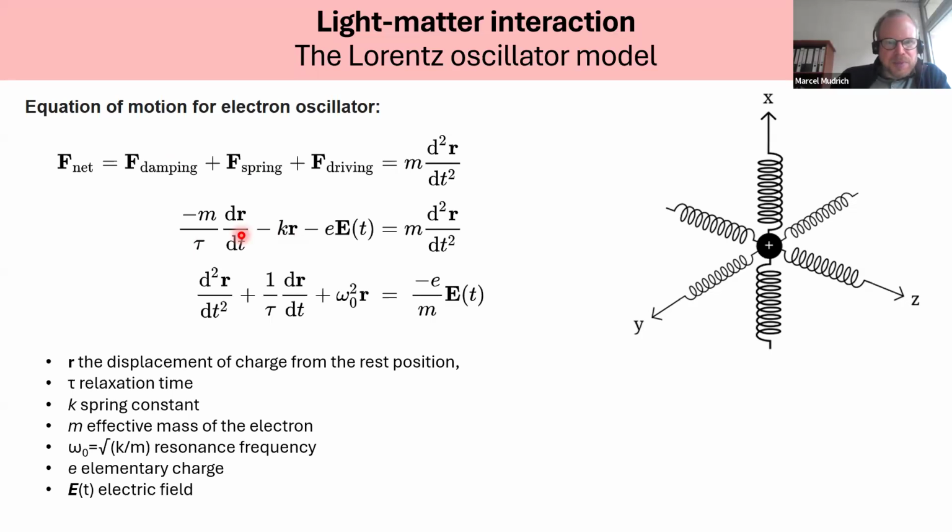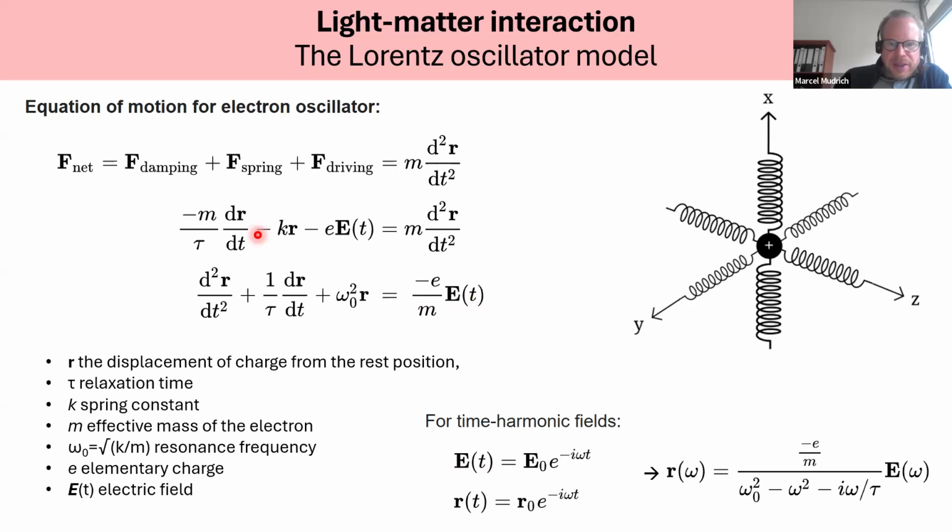And this can be isolated for E on the right-hand side. It's the same equation as that. And then to solve this equation here, we have to make some ansatz. And the ansatz, as in many cases, would be just a wave ansatz. The most elegant way is to use the complex representation of an oscillation, e to the minus i omega t.